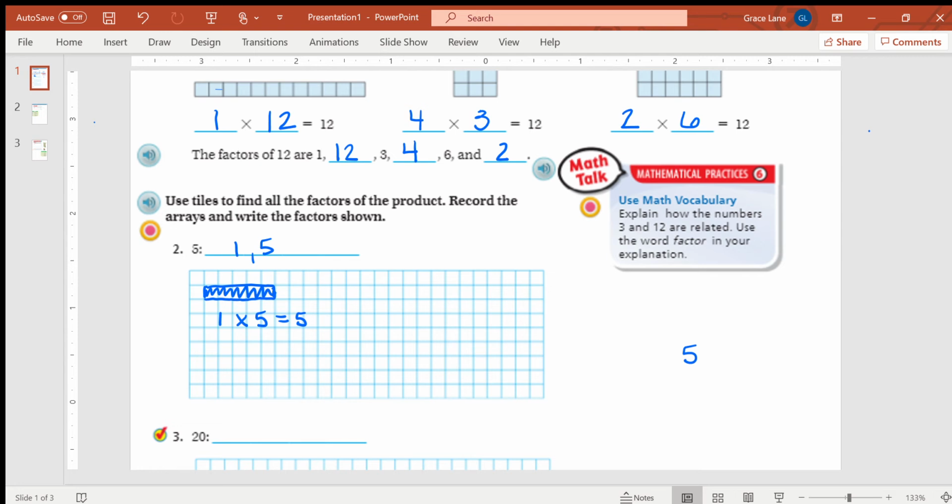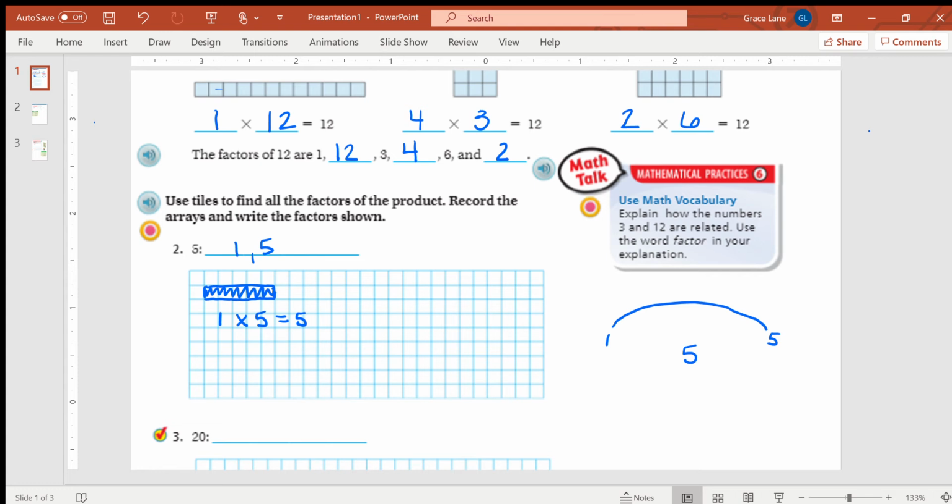Think about all the facts that will equal 5. I can only think of 1 times 5, so I'm going to put 1 and 5 and draw a little line that kind of looks like a rainbow. That's one pair of factors because 1 times 5 is 5. This one was easy because there are only 2 factors, 1 and 5.